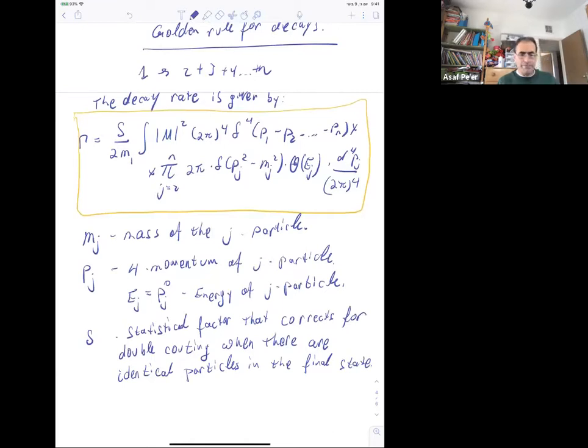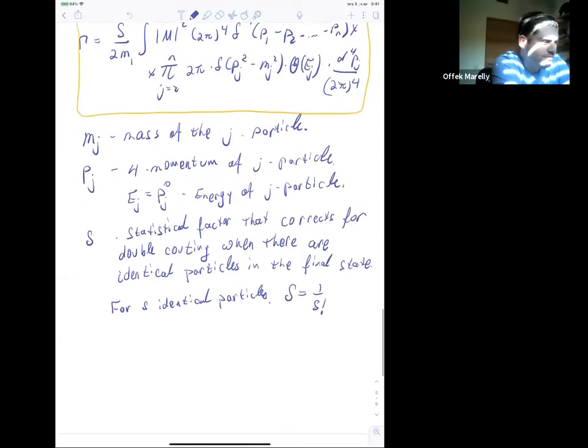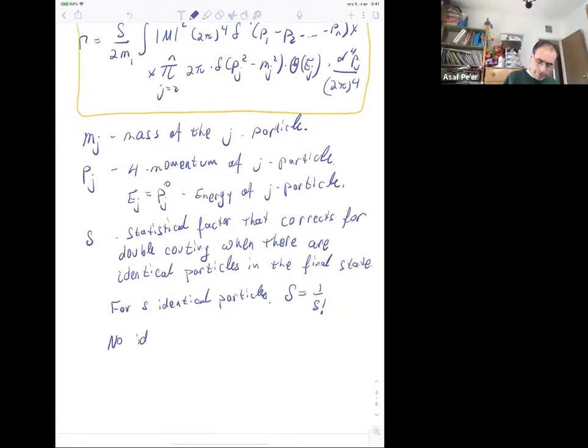So if we have small s identical particles, capital S is 1 over s factorial. Now, if we don't have any identical particles, then what would be capital S? 1. No identical particles means that S equal to 1.